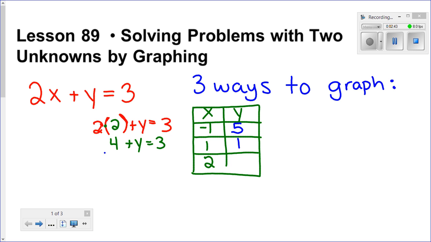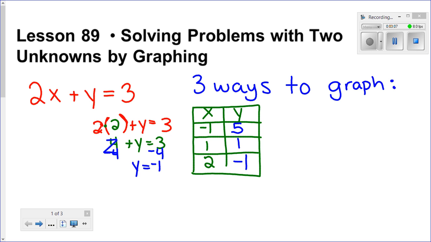We have to get rid of that 4, and it is being added, so we need to subtract. And 4 minus 4 zeroes out. We are left with a y on the left side. 3 minus 4, remember we're subtracting, we can add the opposite. They are different signs, so subtract them and take the sign of the larger number. So when x is 2, y is going to be -1.